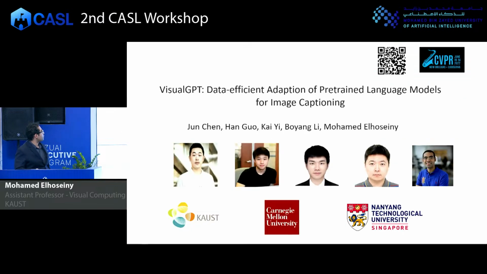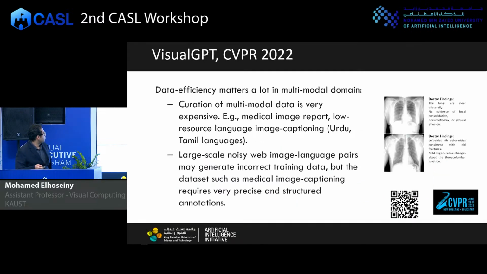So one of the things that we developed at CVPR last year is VisualGPT, a vision language model that enables us to distill knowledge from a pre-trained GPT model into a model that can talk about images. I won't go into much detail, the code is available, but we have a GPT-2 model which is fluent in speaking, but it's blind, it doesn't see anything.